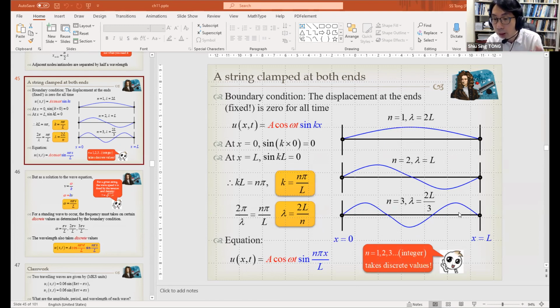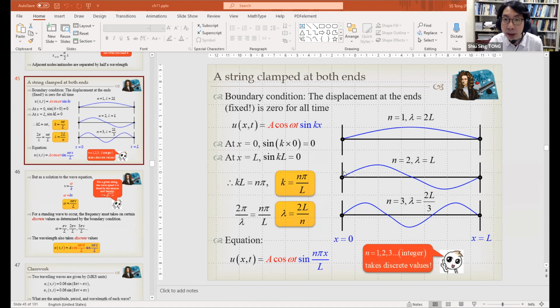And for n equal to 3, you have the length of the string equal to 1.5 wavelengths, and so on and so forth. These are the relationships described by this formula, which is derived from the boundary condition. We impose a boundary condition that at x equal to L, the disturbance is always 0.